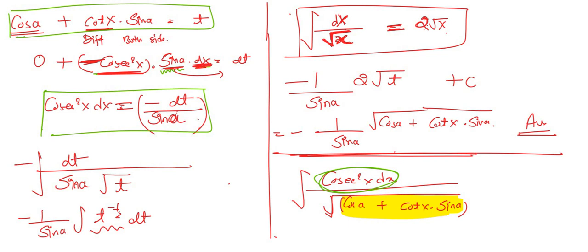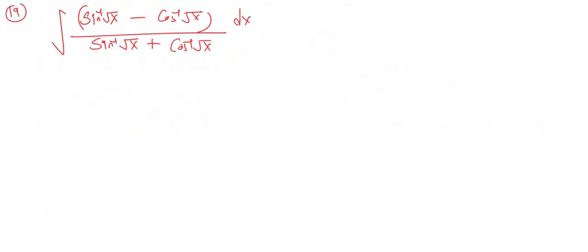Next question. This is question 19. This is a little bit of a lengthy question. First of all, observe this. What do you think of this? This looks like an inverse formula. Sine inverse of x plus cos inverse of x is always pi by 2. Right?